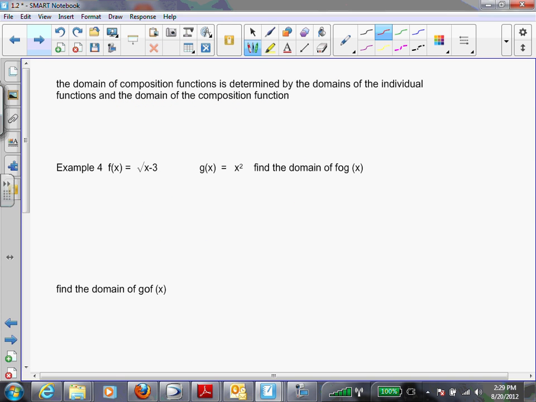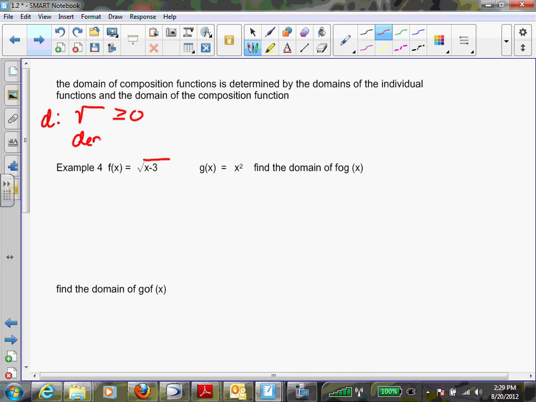Okay. All right, so now we need to look at the domains and the ranges. So remember, domains, you're worried with square roots. They have to be greater than or equal to 0. And you're worried about denominators because they can't equal 0. Those are the only two places where you have to worry about the domain.